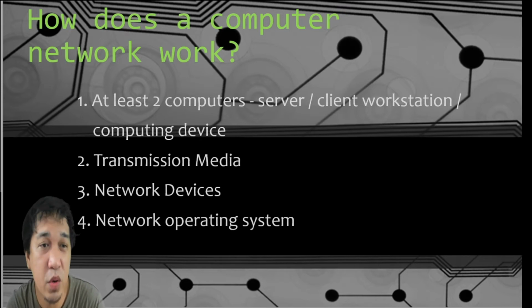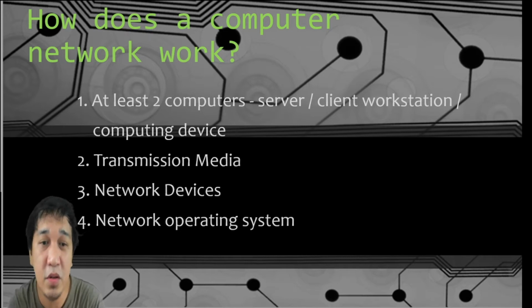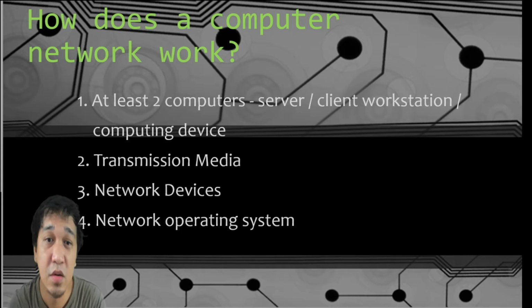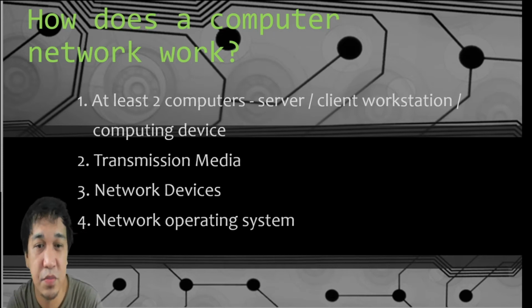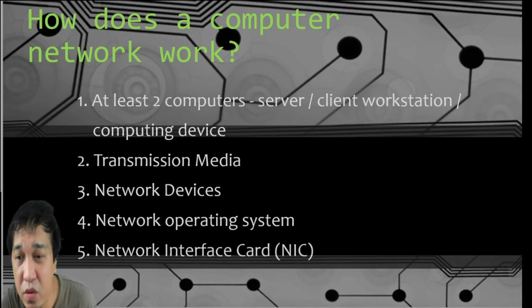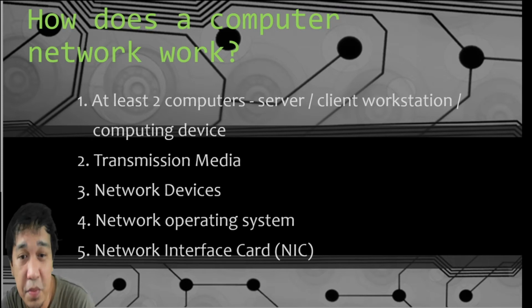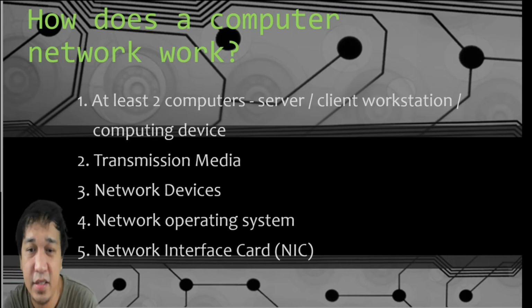Then we have the network operating system. It is used to enable the computer to recognize the network. Examples are Macintosh OS X, Microsoft Windows Server, Unix, or Linux. So, any computing device that will communicate with a network will also include a network interface card. This is usually built into most devices.